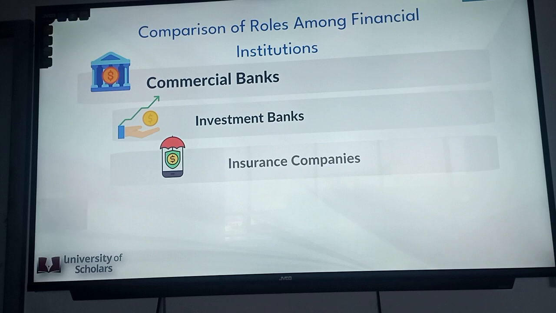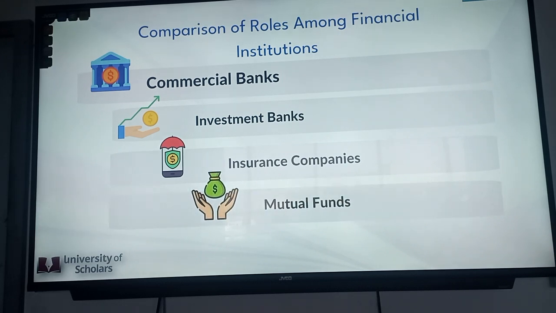So let's talk about mutual funds. Mutual funds usually aggregate funds from individual investors to create a diversified investment portfolio. They provide liquidity and professional management services to investors as their secondary role. So in this we have discussed four major financial institutions in our economy.